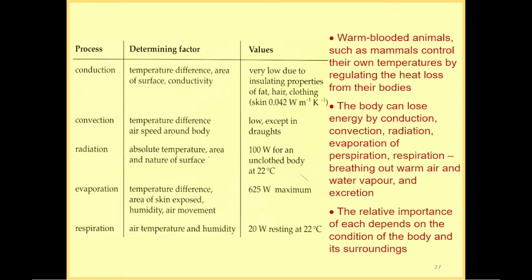The body can lose energy by conduction, convection, radiation, evaporation, respiration, breathing out warm air and water vapor, and excretion. The relative importance of each depends on the condition of the body and its surroundings. What is the distinguishing feature?